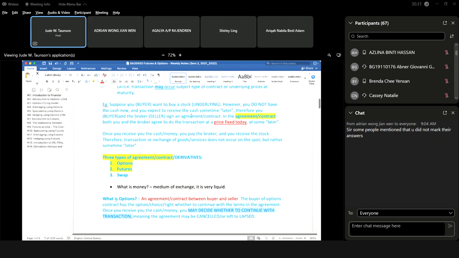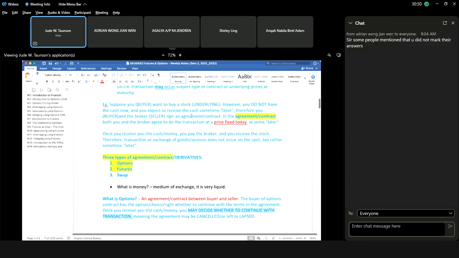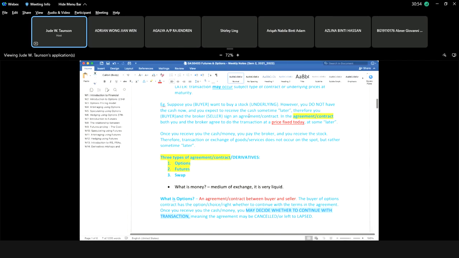Therefore I sign an agreement with the seller, di mana dalam agreement itu kita setuju tetapkan harga, contoh RM5. Jadi masa depan nanti, saya boleh beli pada harga RM5 yang telah ditetapkan hari ini.